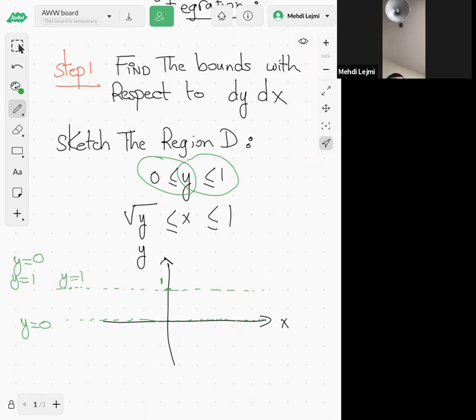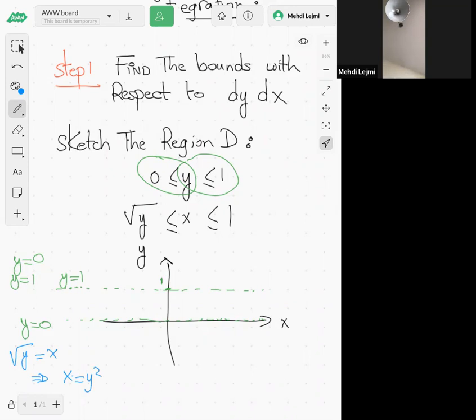The third equation is x equals square root of y. If you take the square, then y equals x squared. This is a sort of parabola. If you graph x equals y squared, it would be a parabola along the x-axis.